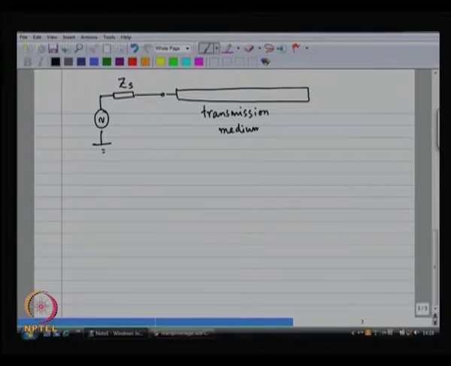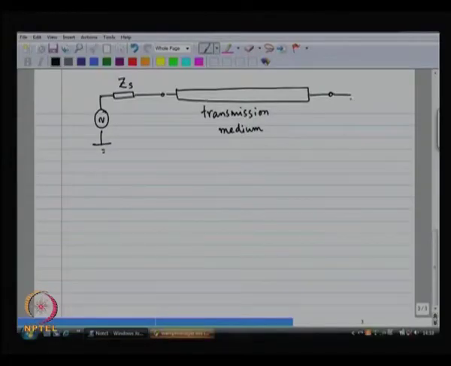Now, this medium could be air, this medium could be a wire, it could be a coaxial cable, it could be a waveguide, it could be an optic fiber, it could be anything, all right. So, this transmission medium really could be anything, and on the other side I plan to receive whatever was transmitted across a load impedance ZL.